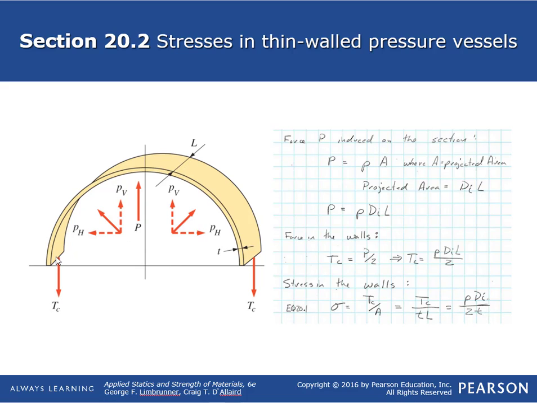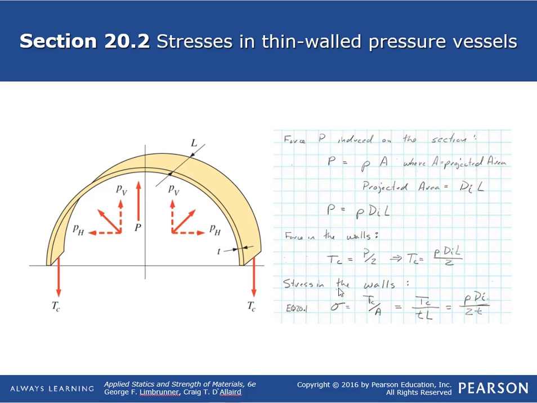So essentially this pressure is projected over that area, which is D_i times the length here. Therefore, if we substitute that in here, we've got P as our force equals pressure times D_i times L. Therefore, the force in the walls is going to be T_C equals P over 2. And if I substitute P into this equation, I get T_C equals pressure times the inside diameter times L, divided by 2.